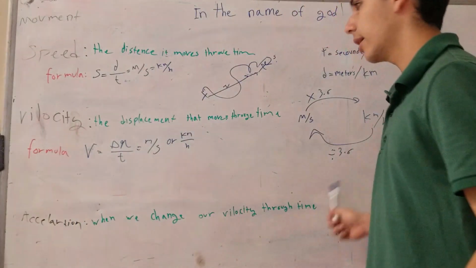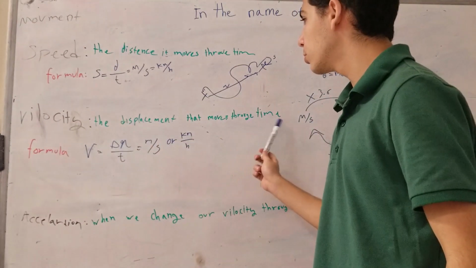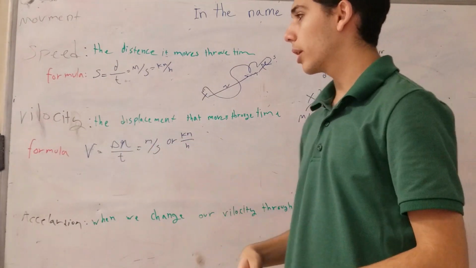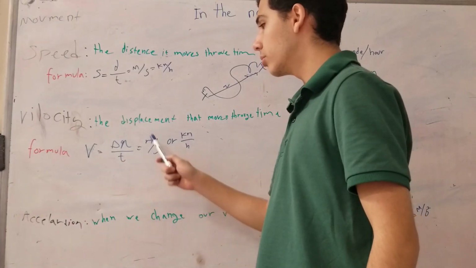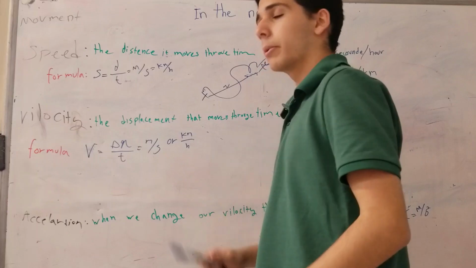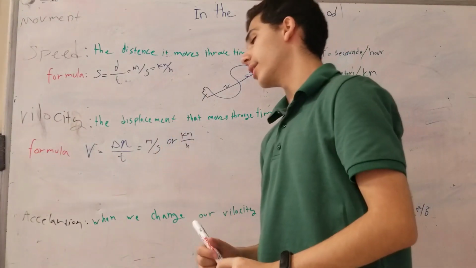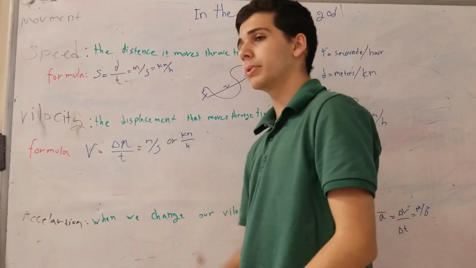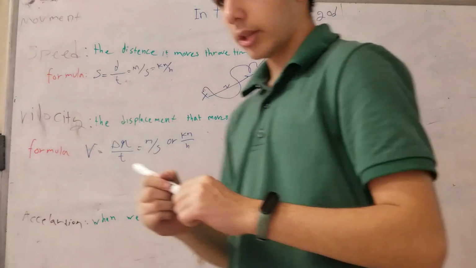That's how it works. Now, velocity is the displacement that moves through time. The formula for this is v equals delta x per t, in meters per second or kilometers per hour. Same thing, but there is something about displacement. Let me write this with a new marker.